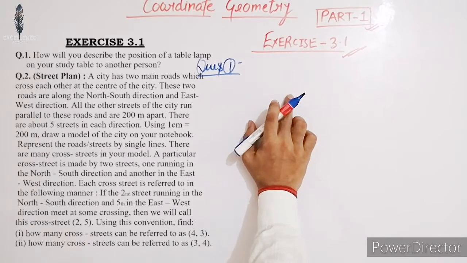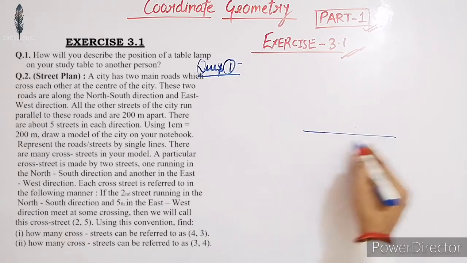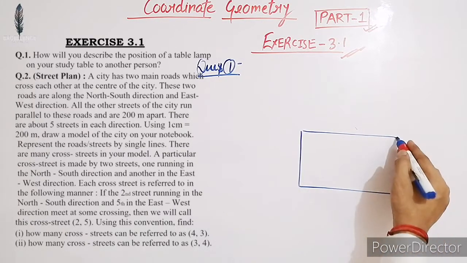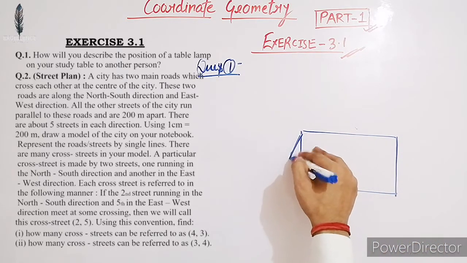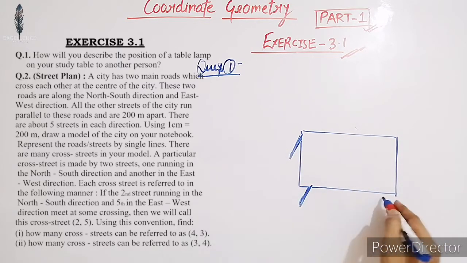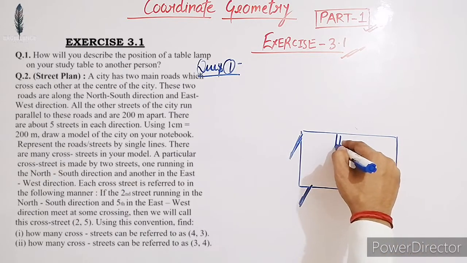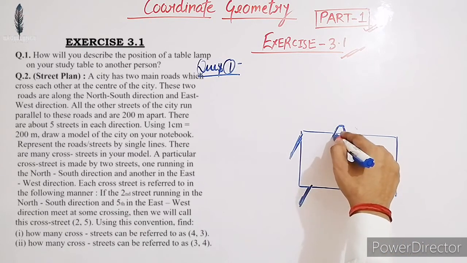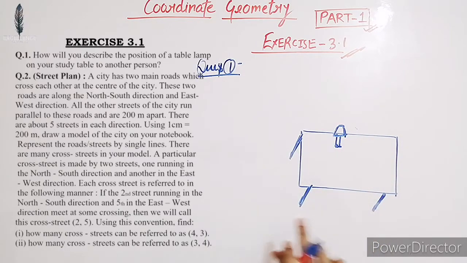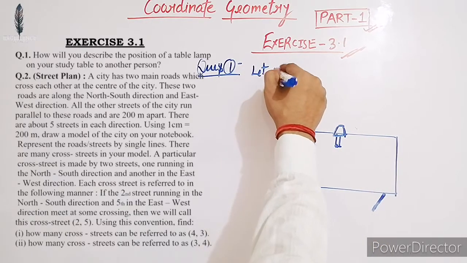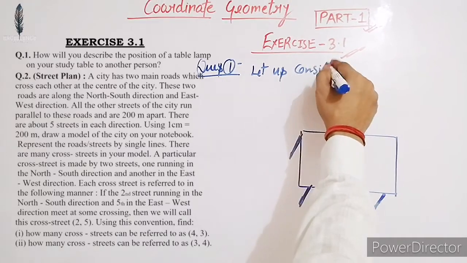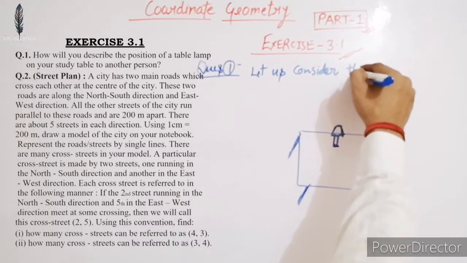Students, in this question we have to describe the position of a table lamp kept on a study table. Now here we draw a study table and here a table lamp. Okay, now let us consider the table as a plane.